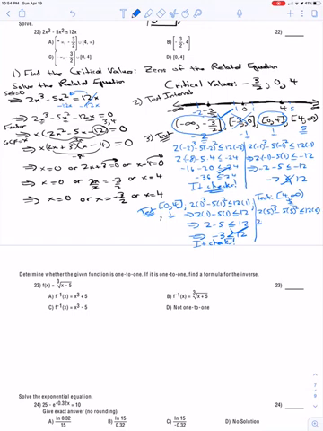Well, 5 cubed, that's 5 times 5 is 25, times 5 is 125. So we got 125 there, minus 5 times 25 here, less than or equal to 60. Well, that's 150 minus 125, less than or equal to 60. So I have 25 less than or equal to 60.